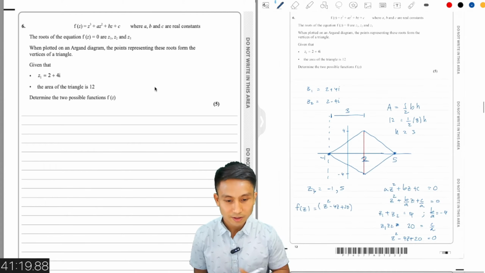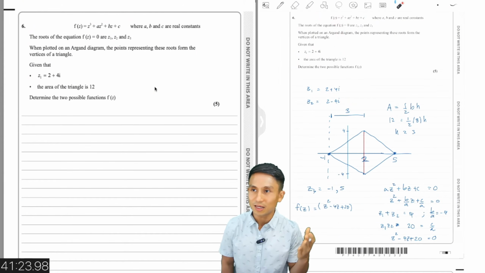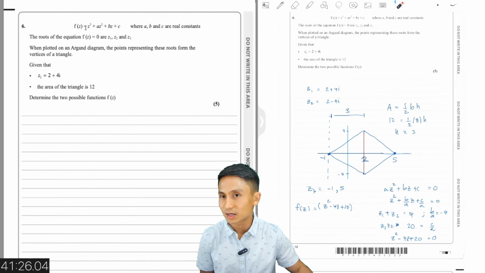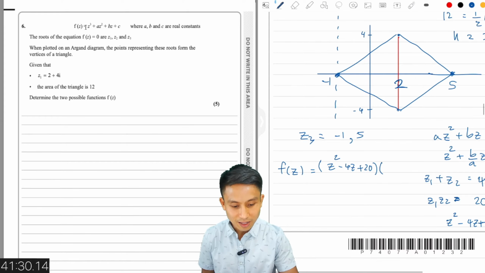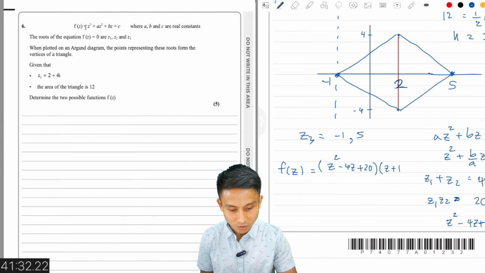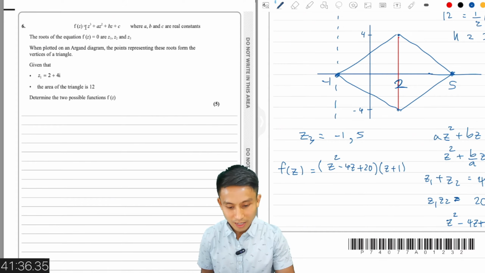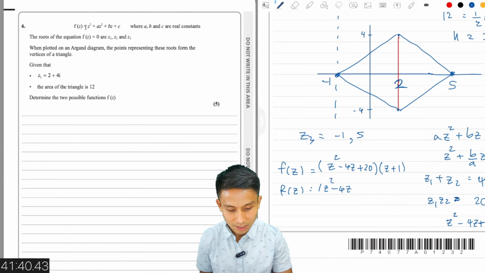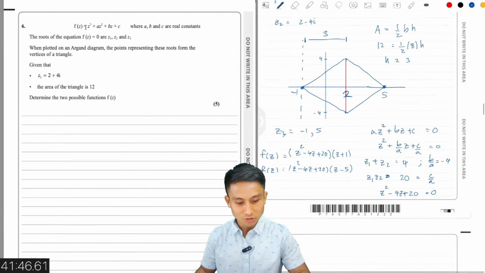Because it's given that the first term doesn't have any constant there, this is 1, so we are good. And then the other one is just z plus 1, from the root there. The quadratic z squared minus 4z plus 20 doesn't change, but the real part can be this. And then I guess you just multiply them out.